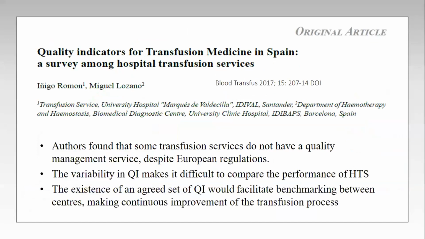Now, how does this monitoring of quality control help in a transfusion service? Here we have experience shared from Spain, where authors have found that some of these transfusion services do not have quality indicators, even with proper regulations on that.